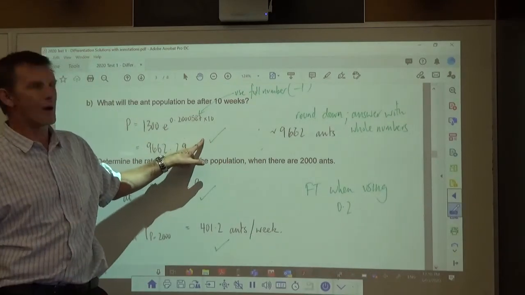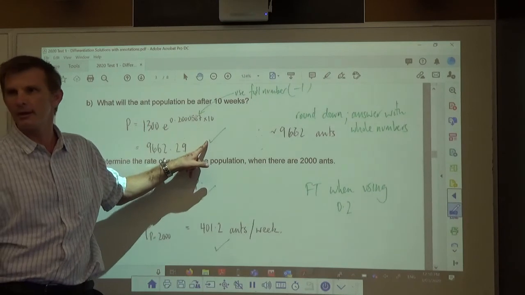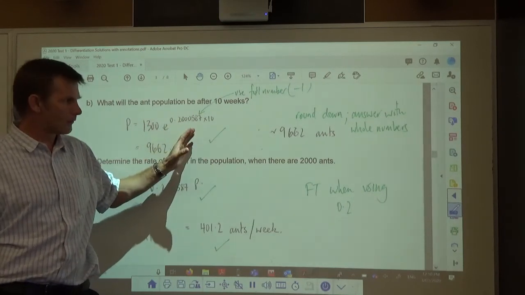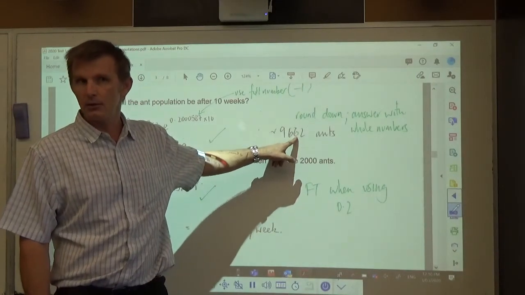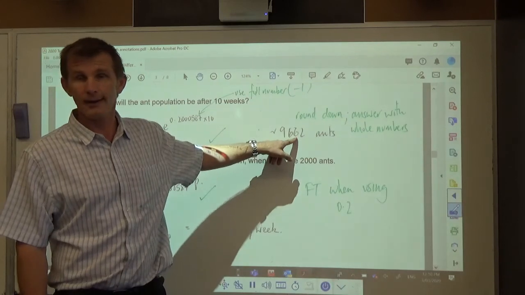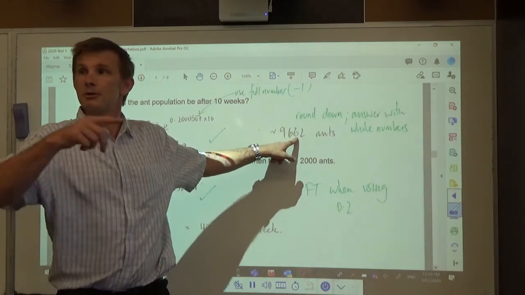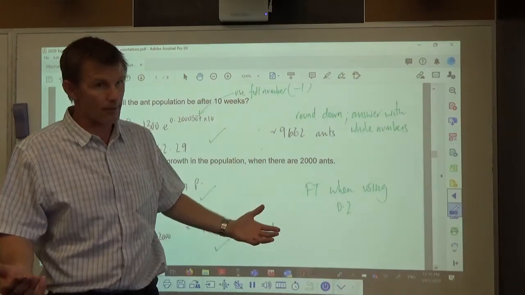But remember, it's only worth 1 mark. So if you can show me that you know what you're doing, you're going to get the mark. The other way of writing it is you could say approximately 9,660 ants, which wouldn't be incorrect. And remember, it's a prediction of the future anyway, so you may well be correct.